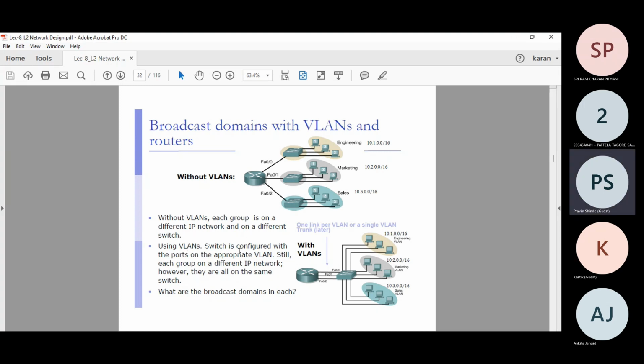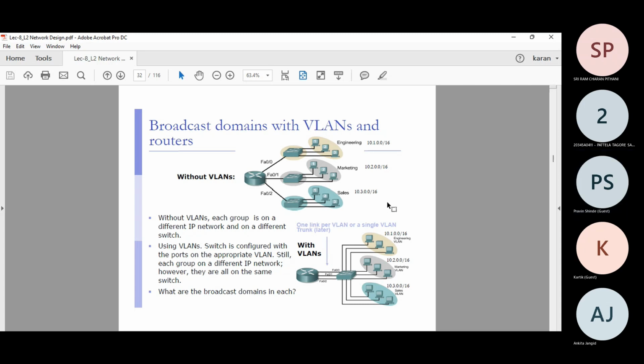Using VLAN, the switch is configured with the ports in the appropriate VLAN. Still, each group is on a different IP network. However, they are all on the same switch. Okay, so with VLANs, this router connects to this switch and we create some VLANs: engineering VLAN, marketing VLAN, and sales VLAN.